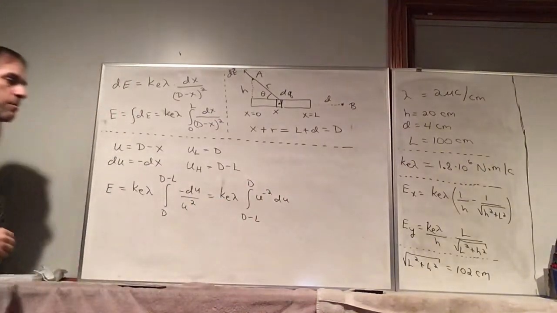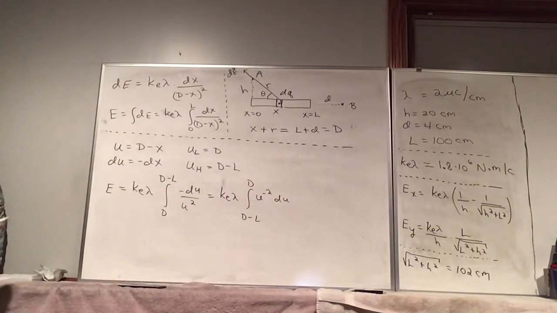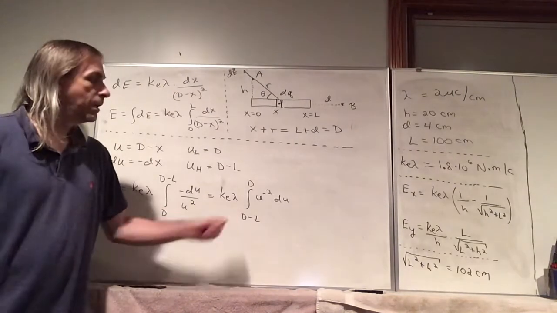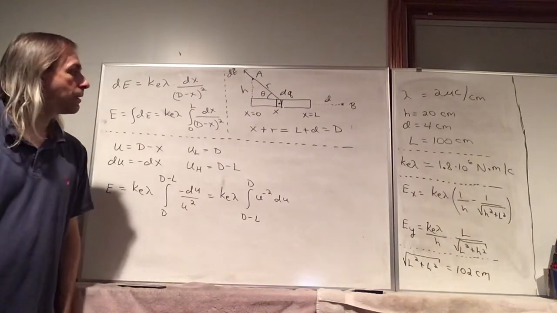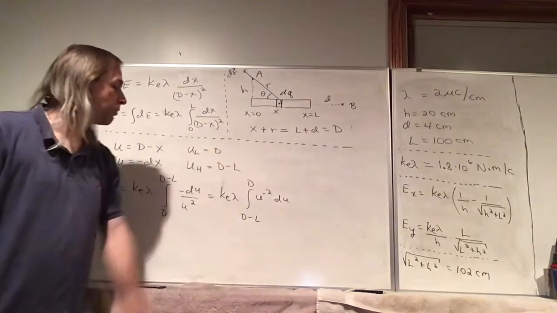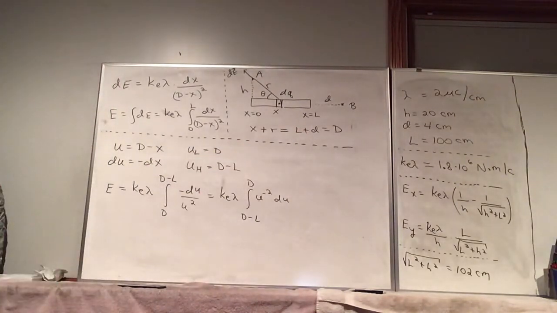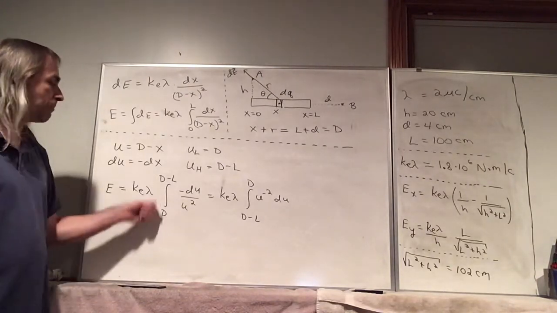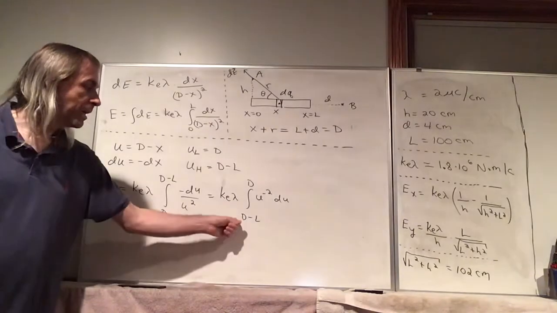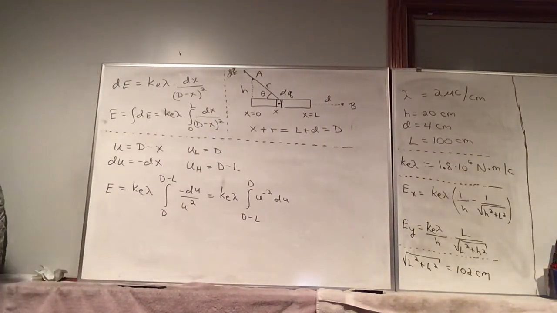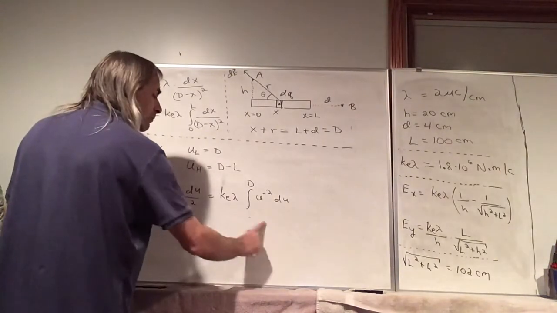So I got rid of the minus sign by just flipping the indices around, because d minus L is a smaller number. Remember you can multiply an integral by -1 by flipping the two limits. And d minus L is lowercase d.